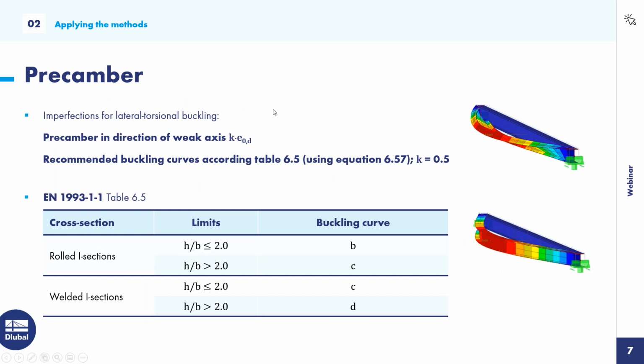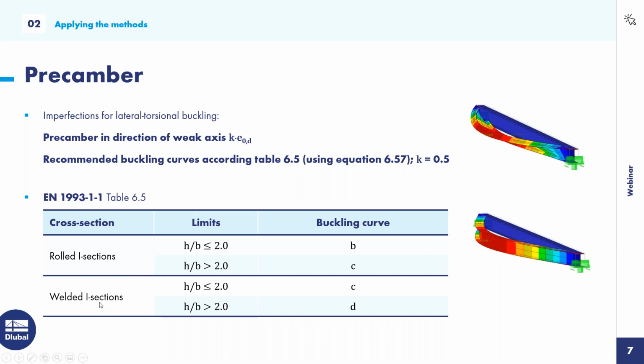Pre-camber, imperfections for lateral torsional buckling. The formula for the pre-camber is k multiplied by e0d, and the recommendation for k is 0.5.